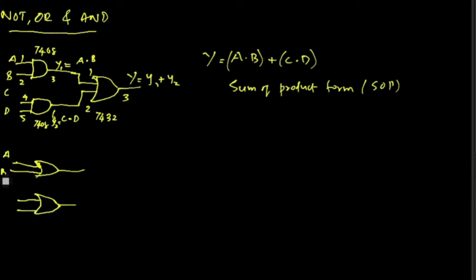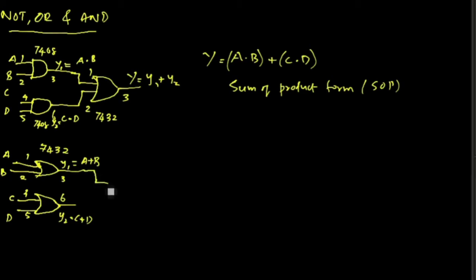The inputs A, B, C and D are given to pins 1, 2, 4 and 5 of 7432. This is pin 1, 2. This is 4 and 5. This is definitely 3 and 6. And here at 6 we have Y2 and here at 3 we have Y1. Y1 is A or B and Y2 is C or D.